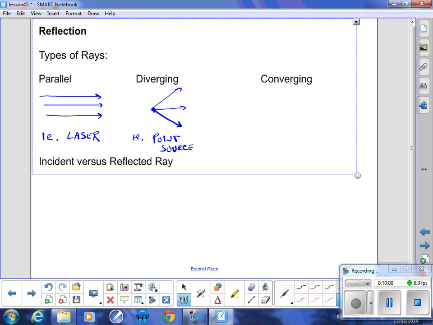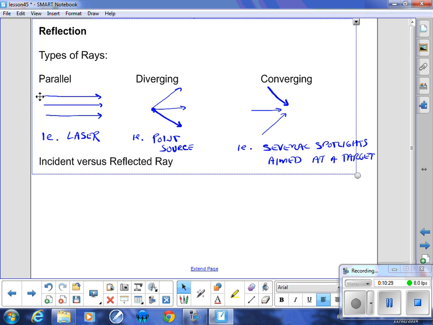And finally, converging. If you see the word converging, that means the light rays are coming and approaching a particular point, kind of like several spotlights aimed at a target. All right. So we got our parallel, our diverging, and our converging. Incident versus reflected ray, again just reviewing.